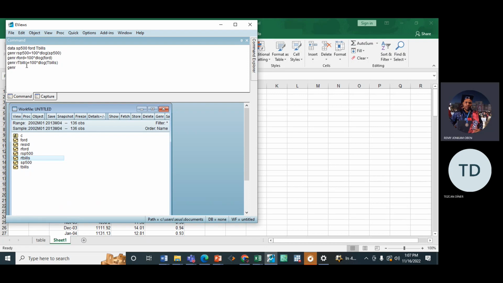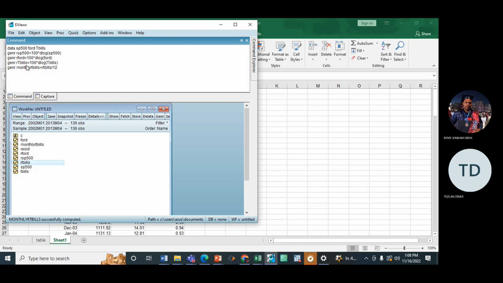So I can write generate, it will be too long, so you can abbreviate monthly return of T-bills equals return of T-bills divided by 12. So you see, this is monthly return of T-bills.